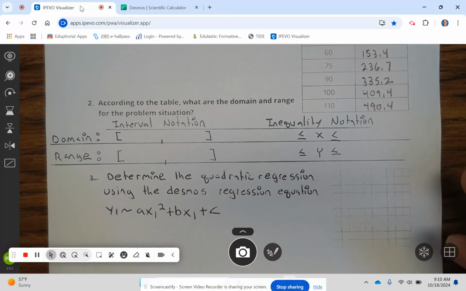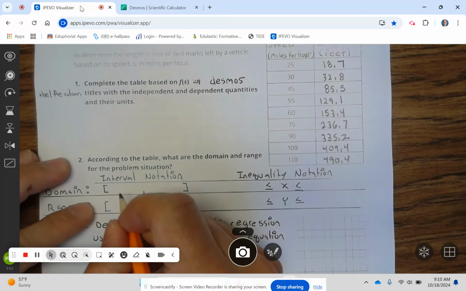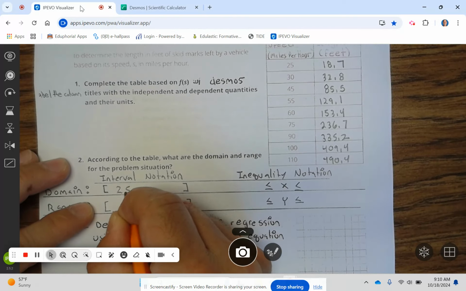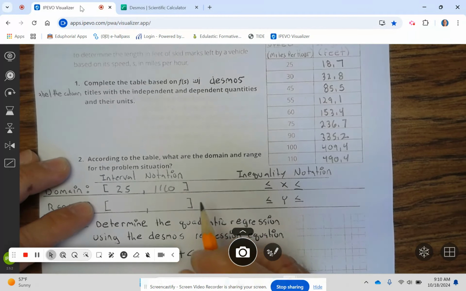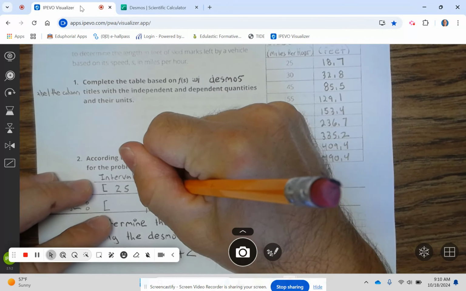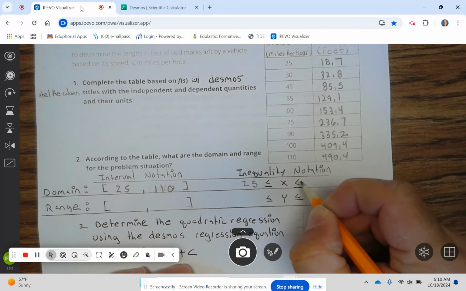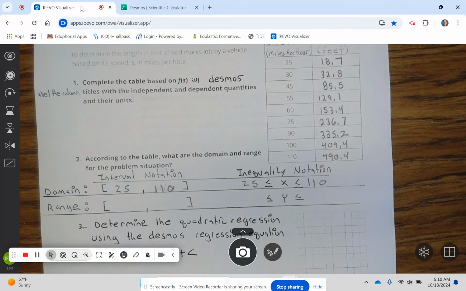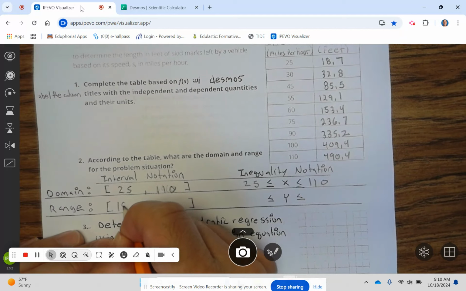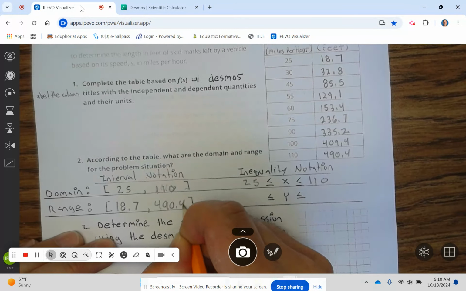All right, now according to the table, what are the domain and range? Okay, the domain is 25 to 110. And in inequality notation, that's 25 less than or equal to x less than or equal to 110. And then the range is 18.7 to 490.4.